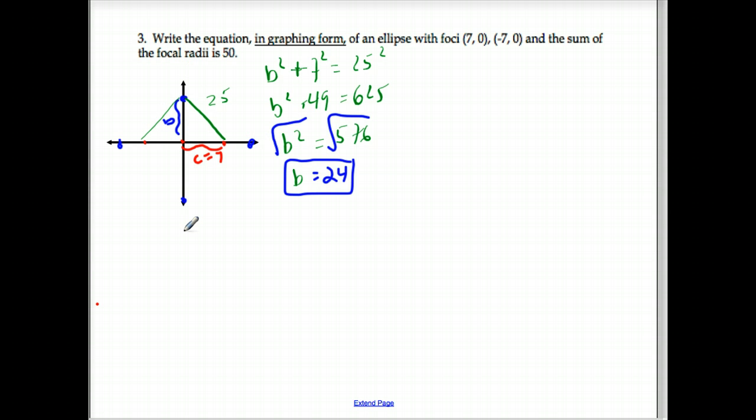So here we go. c squared equals a squared minus b squared, plug it all in. We just said that c squared was 49, that b squared was 576.